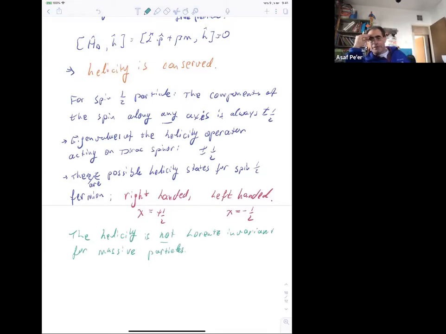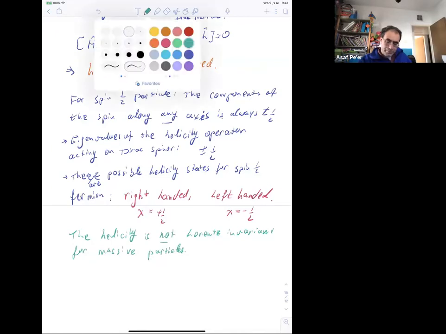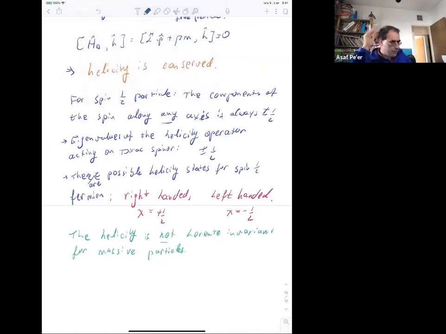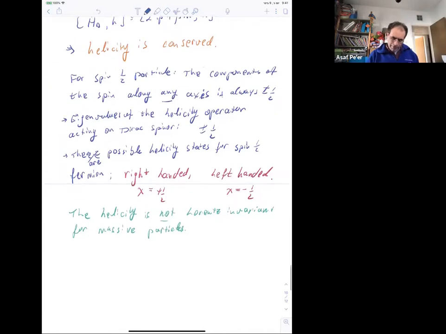That's why we're going to introduce, in about 10 minutes or so, I hope, something called chirality, which is Lorentz invariant and is related to the helicity. In fact, the two coincide in the limit where the mass goes to 0. It's not Lorentz invariant for massive particles. Is that statement clear?